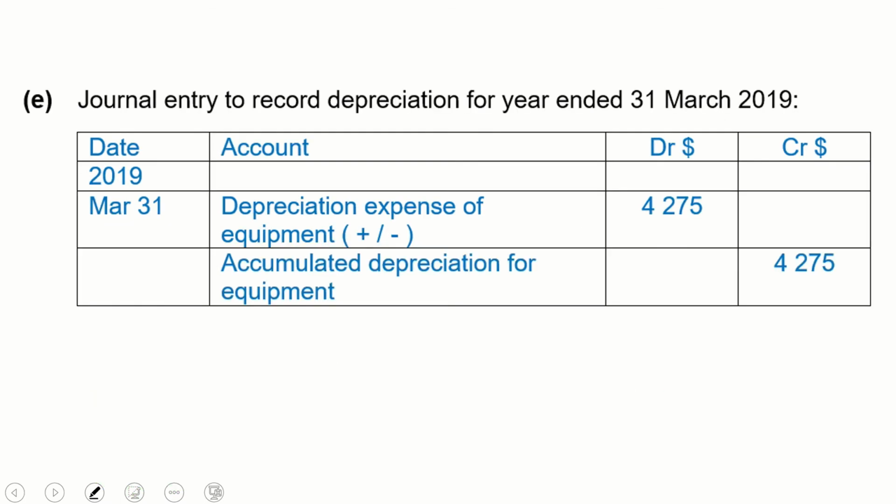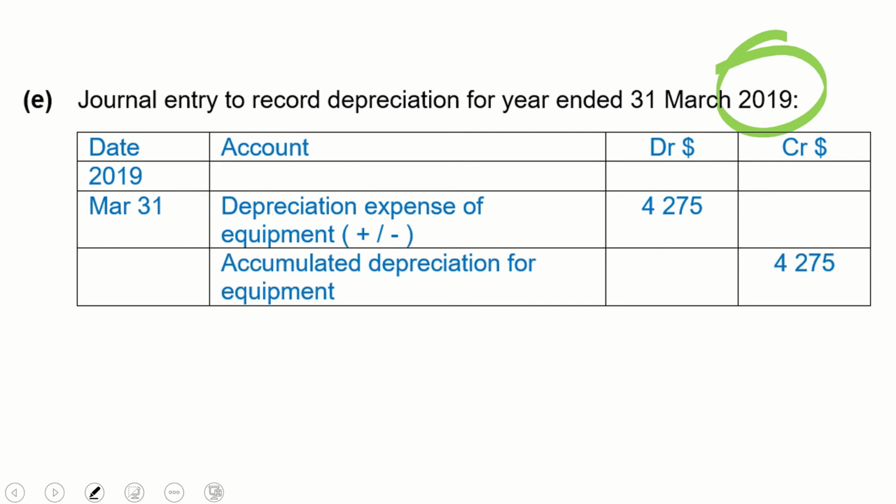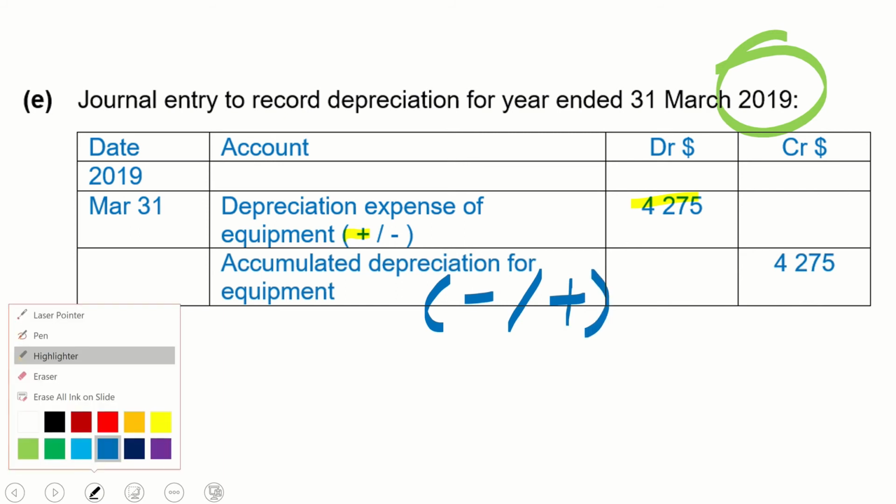Question E asks you to prepare the journal entry to record depreciation for year ended 31st March 2019. Now, there are two accounts affected, and this one you have to commit to memory. The two accounts affected are an increase in depreciation as well as an increase in accumulated depreciation.